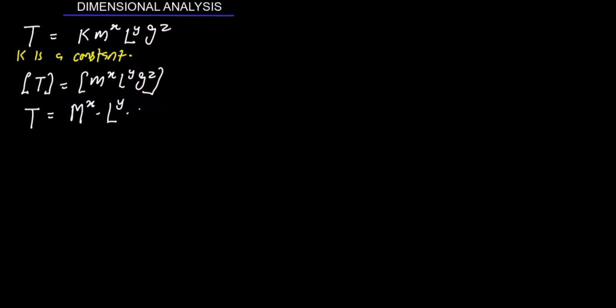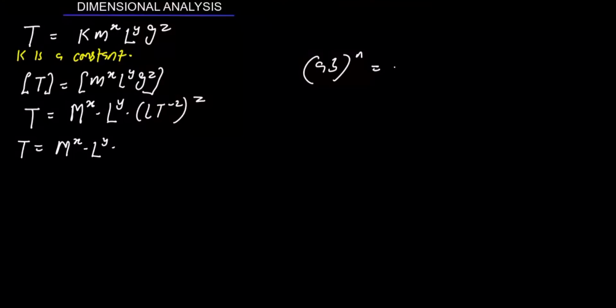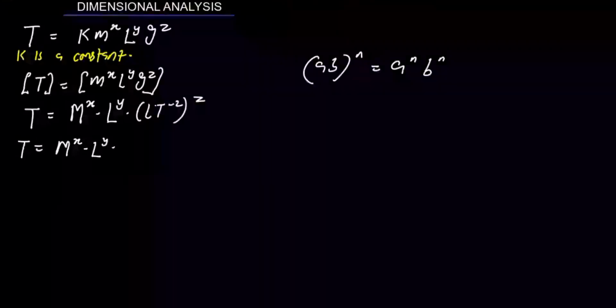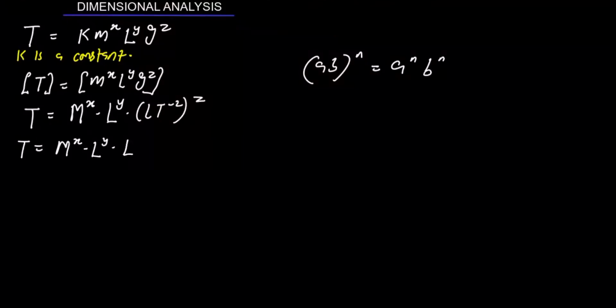So I'll have LT minus 2, raised to the power of Z. So I'll have T equal M to the power of X times L to the power of Y times this. Observe in indices, if I have AB to the power of N, this is the same thing as A to the power of N, B to the power of N. So I'll separate this Z for both of them: L to the power of Z times T raised to the power of minus 2Z.